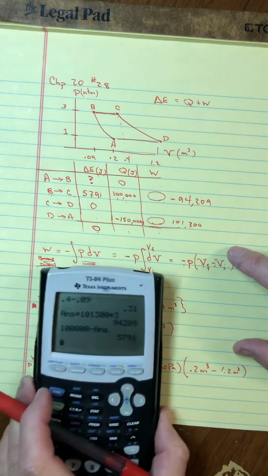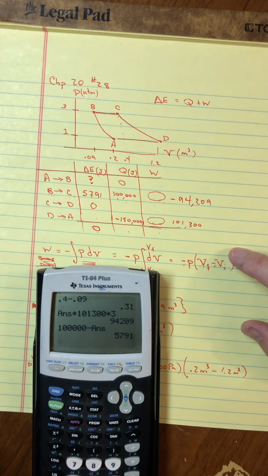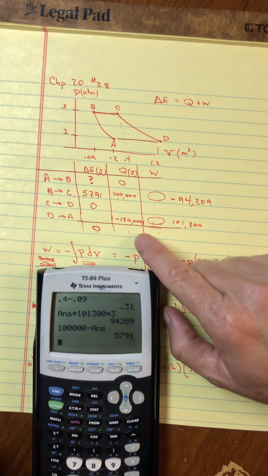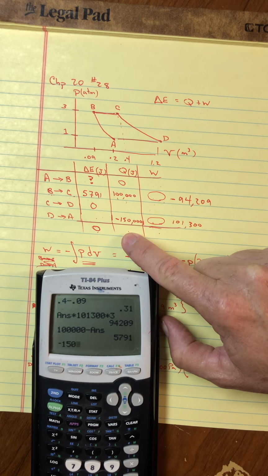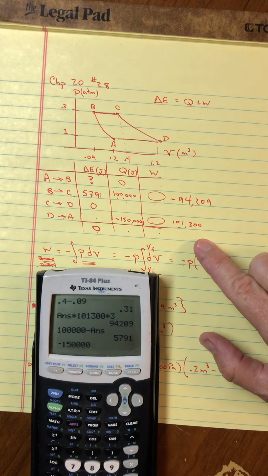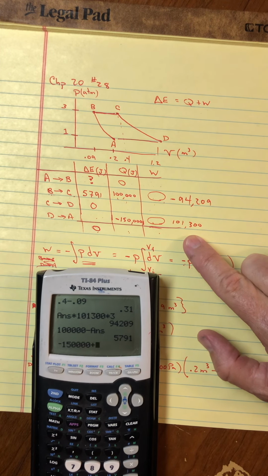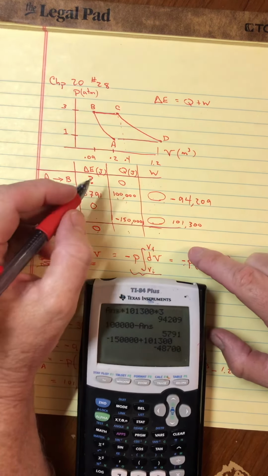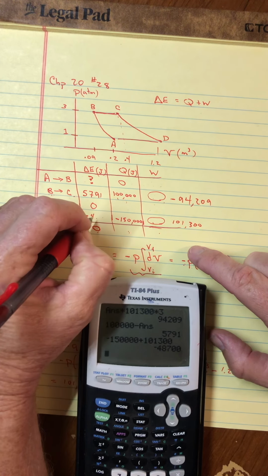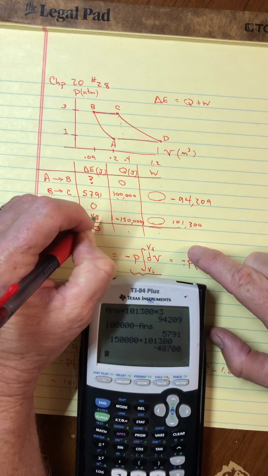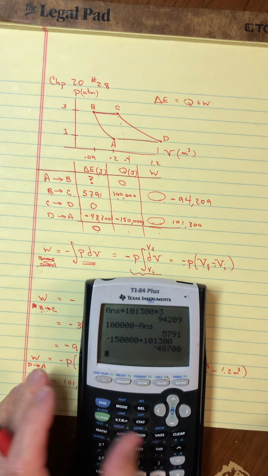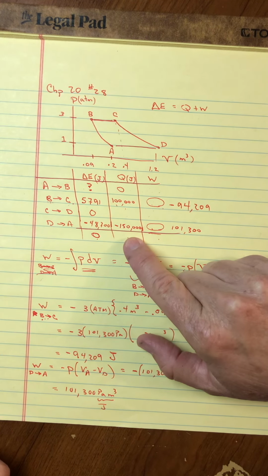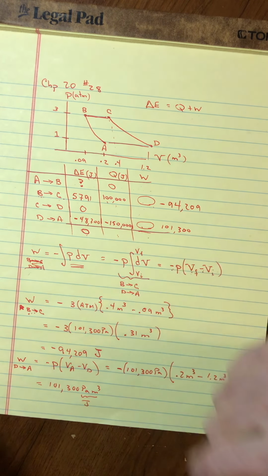And so let's put here the negative 150,123,000, and add to it the 101,300. And it looks like a lot of cooling must have gone on because we took a lot of energy out. Now, a net of this, because we did so much work on it.